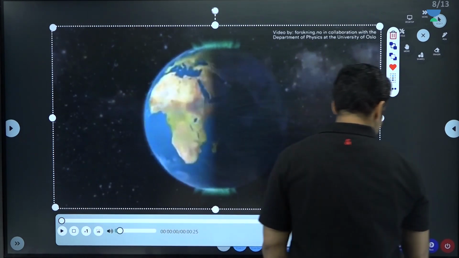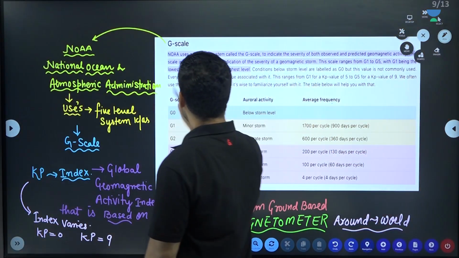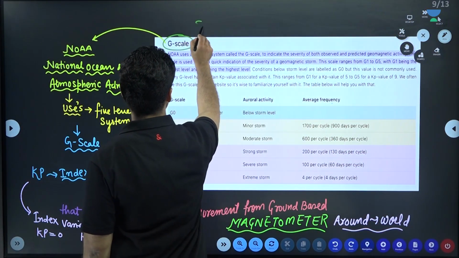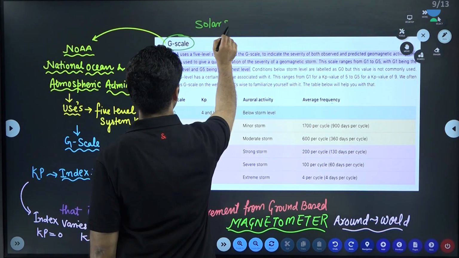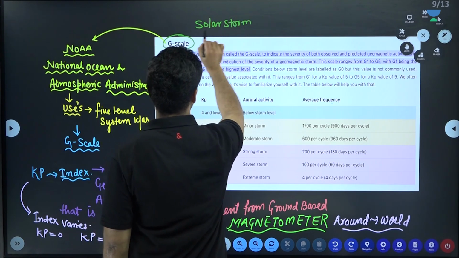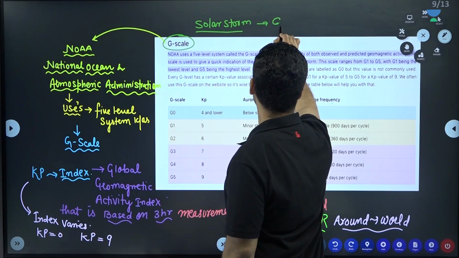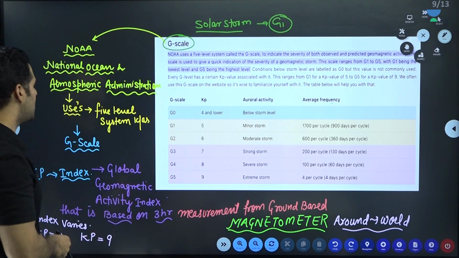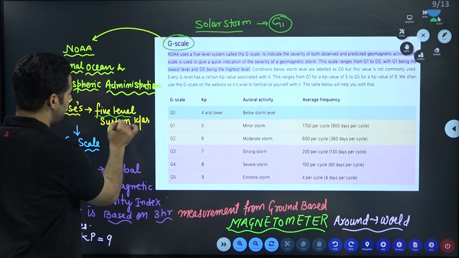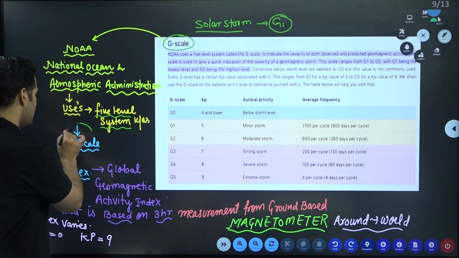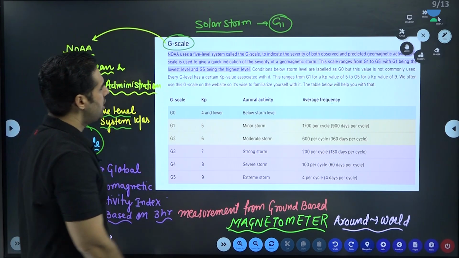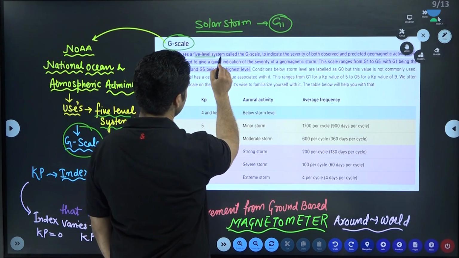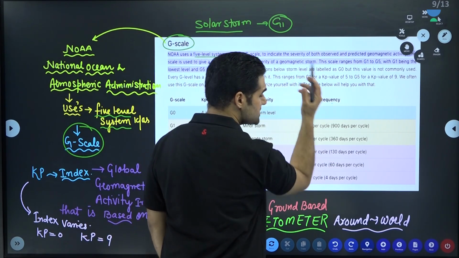Now, let's move to another part. What is the G scale? So, is the first solar storm clear? And in that newspaper, there was G1. What is that? The National Oceanic and Atmospheric Administration uses a 5-level system called the G scale. What is the role of it?